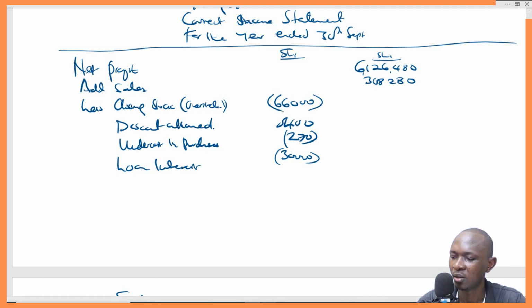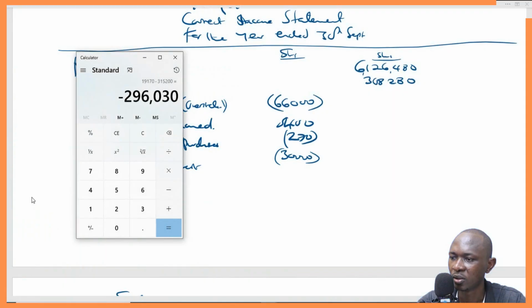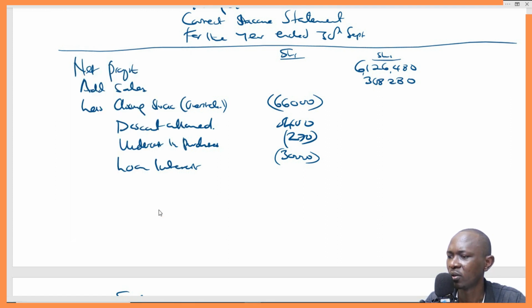The total here will be 66,000 plus 54 plus 270 plus 30,000. That gives us 101,670.